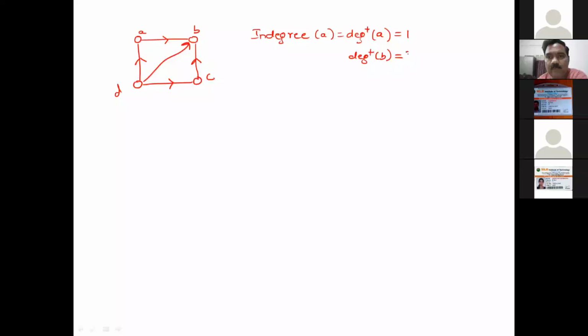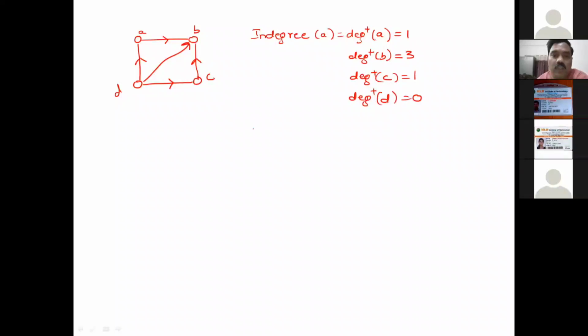Three. There are 3 edges. What is the in degree of C? 1. And what is the in degree of D? 0.